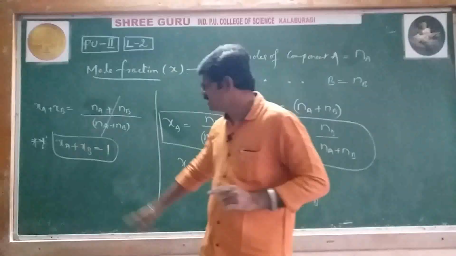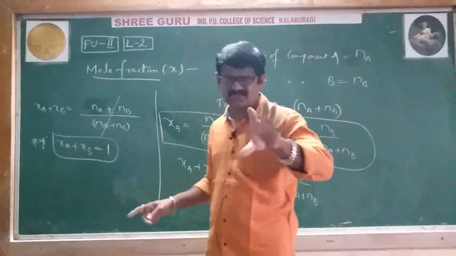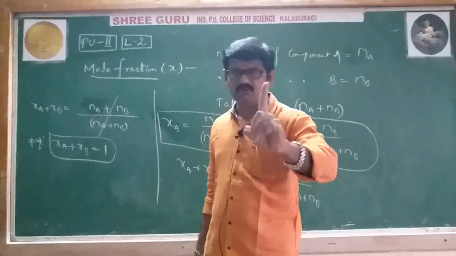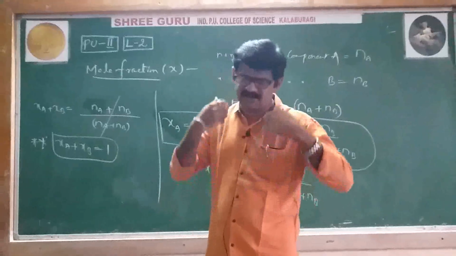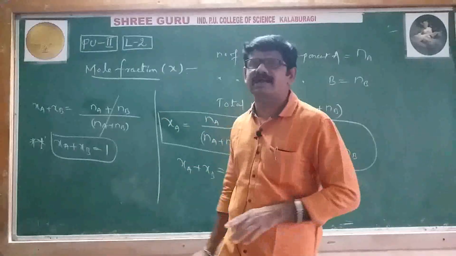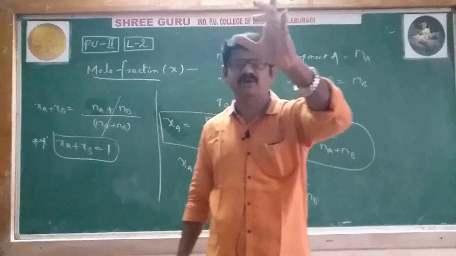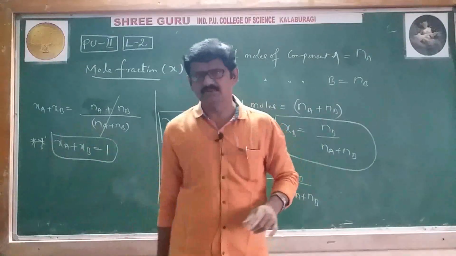I'll repeat. The sum of mole fractions of all the components in the given solution is equal to 1. It is a general statement. Whatever the components are, if you add all the components' mole fractions, you will definitely get the final answer 1. Then what is the advantage of this? Very simple.